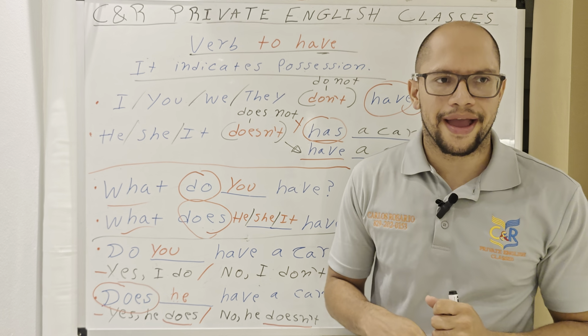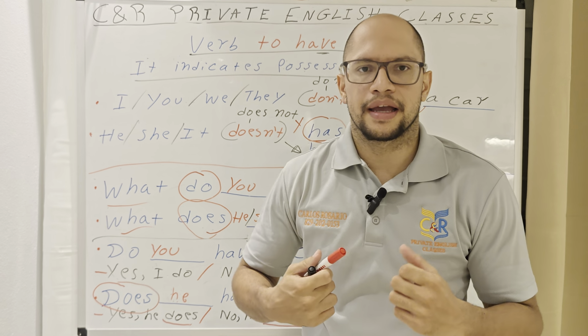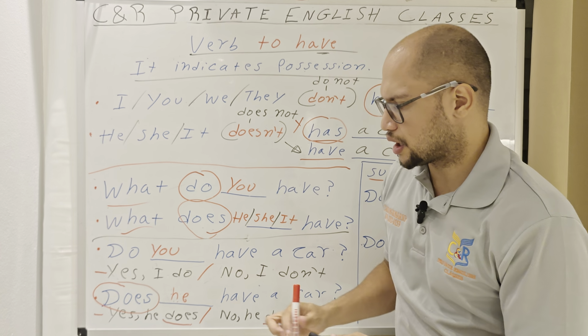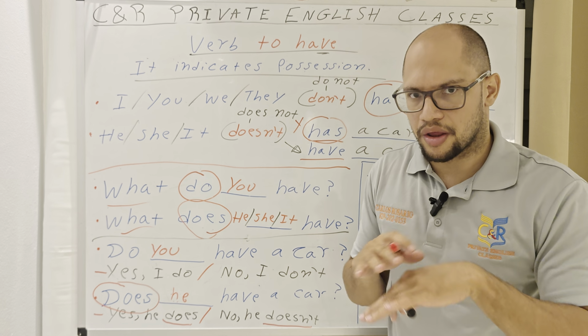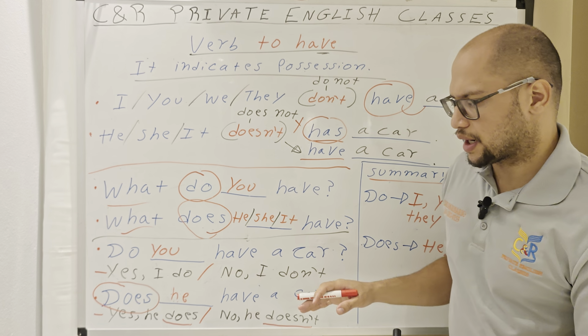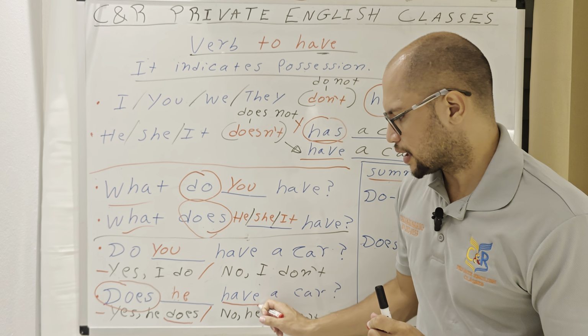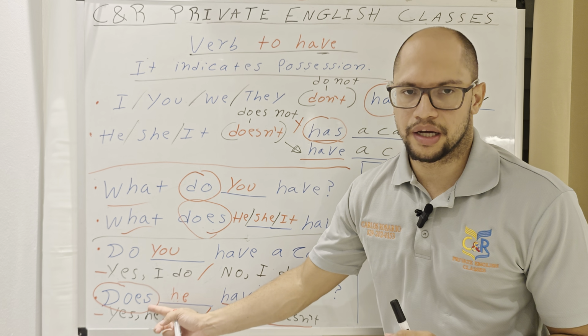Does your mother have a backpack? Yes, she does. No, she doesn't. Does is an auxiliary for making it a question. That's it. And remember that with have, you don't use has here because you have does.